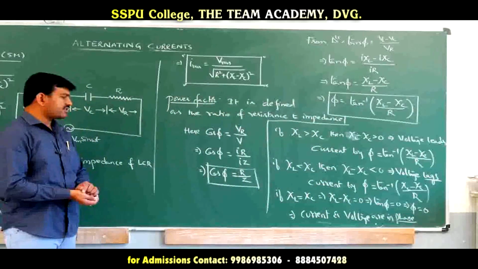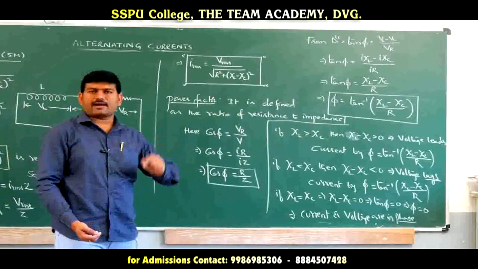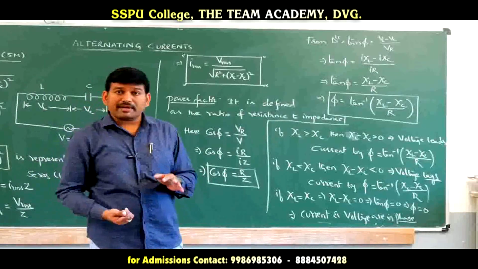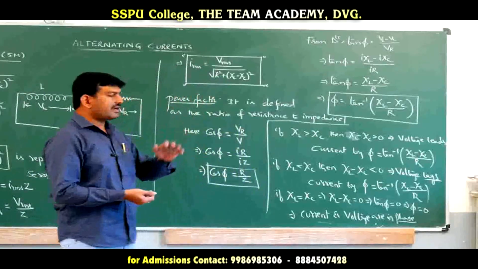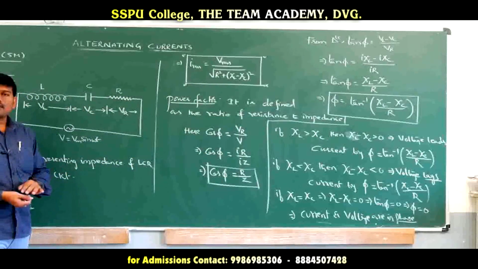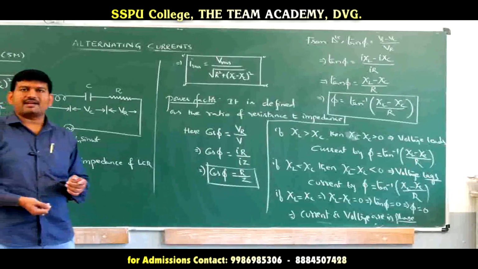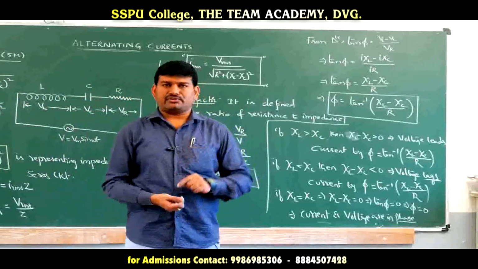So when this condition happens, whenever the inductive reactance is equal to the capacitive reactance, then the voltage drop across the inductor will be equal to the voltage drop across the capacitor. When this condition is satisfied, then the current and voltage are in phase. Generally we studied that current and voltage are in phase in the case of a pure resistive circuit. Yes or no?